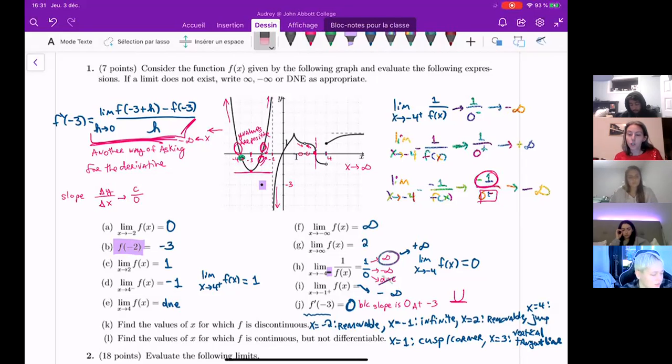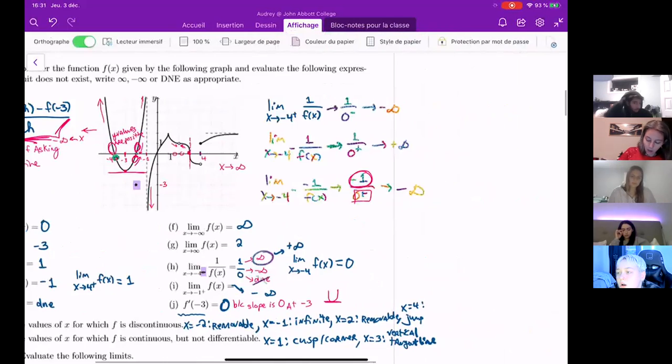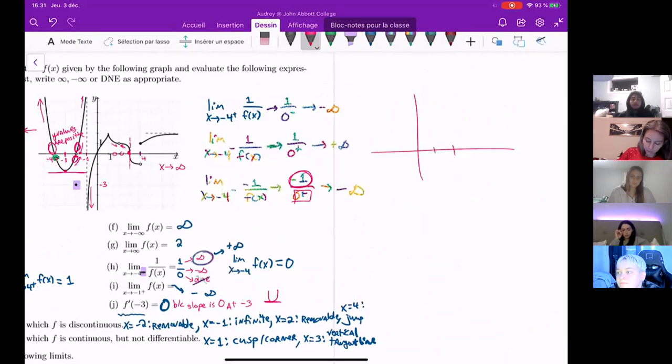Okay, so just one last thing. One other thing that you might potentially be asked to do from a graph is to evaluate the derivative at a straight line. So if I were like, hey, look, find f prime of 1.5, how would I do that?